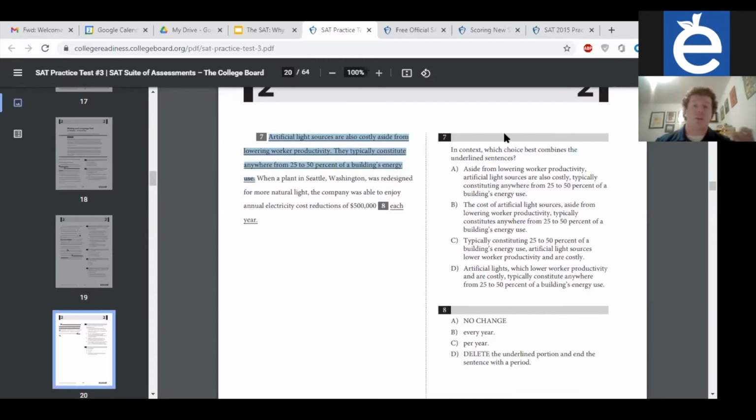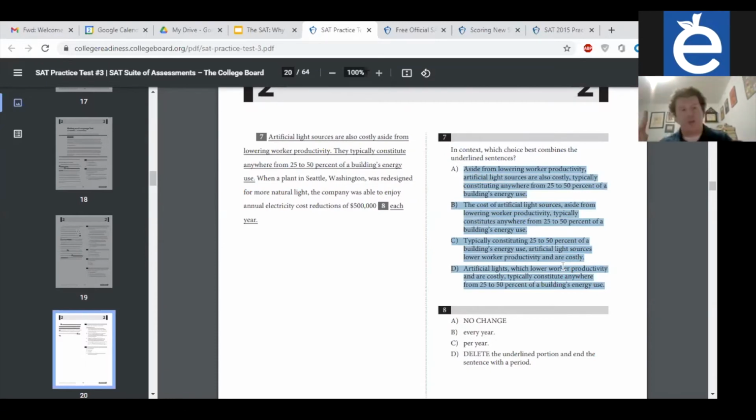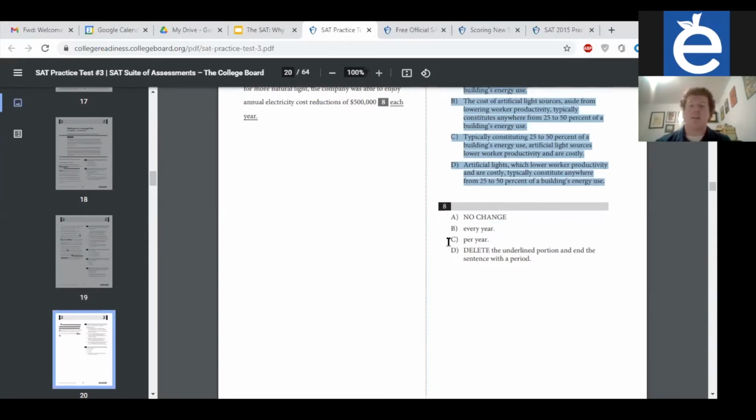Look for things like repetition, redundancy, any idea that's expressed twice, even if they rephrase it, and look for grammatical errors or anything that just makes it awkward. Even though that's pretty general, it's a good rule of thumb. If it sounds awkward, you don't necessarily have to eliminate it, but you should be suspicious. We'll come back to number 7 in a second.